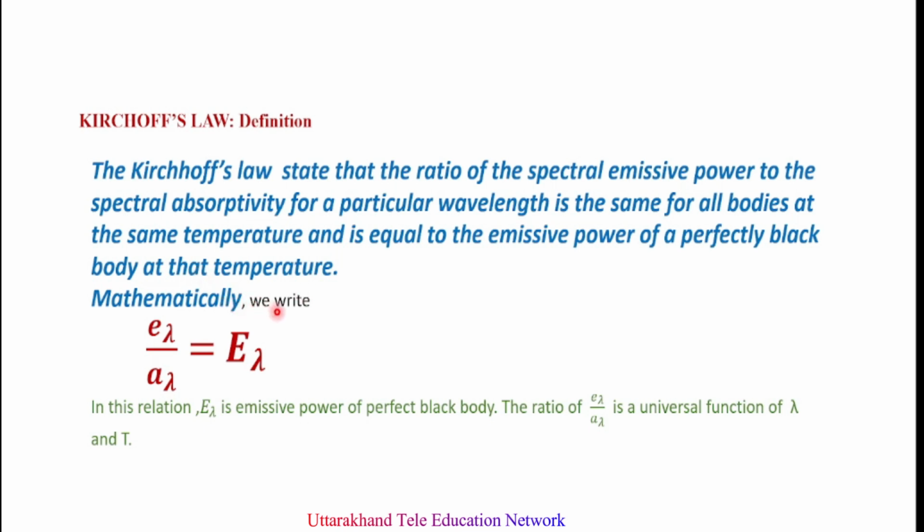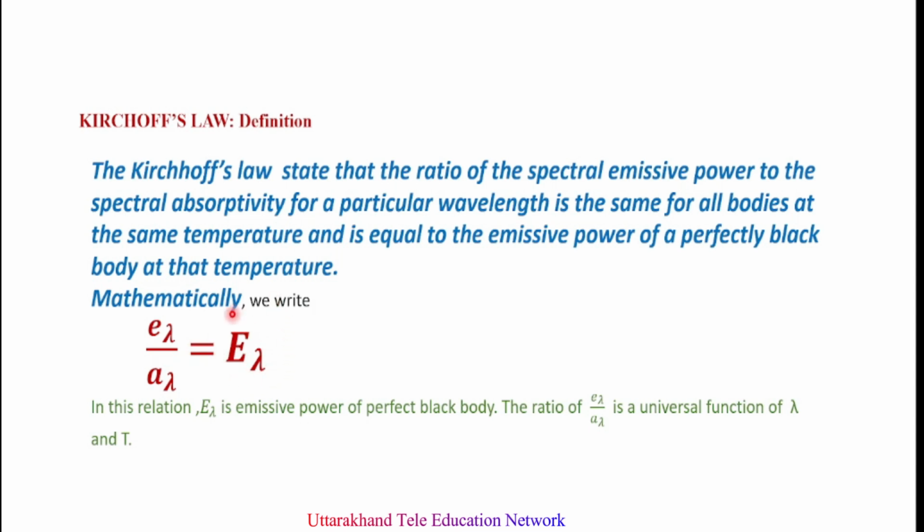Mathematically we write E lambda, the spectral emissive power of this body, over a lambda, the spectral absorptive power of this body, equals the spectral emissive power of a perfect black body.